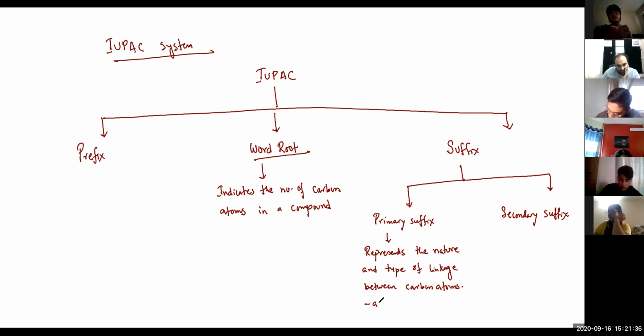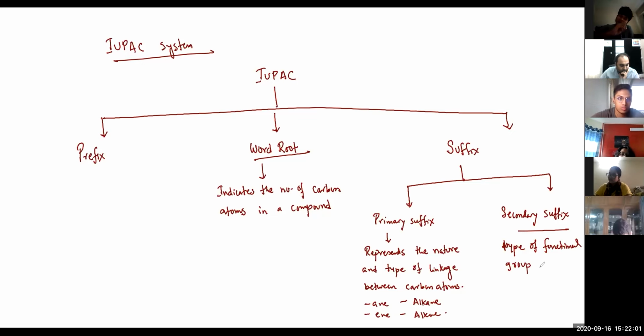If it is ane, that means it's alkane. If it is ene, then alkene. And secondary suffix is the type of functional group present in the compound.